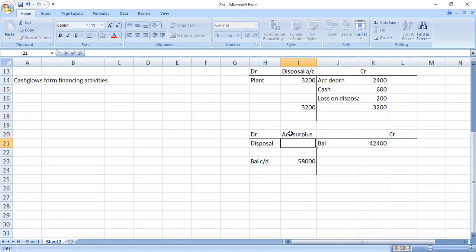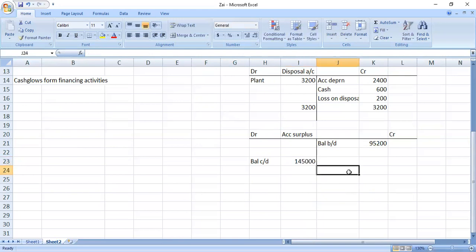Okay, first the opening balances. Let's move this because they don't belong here. The opening balance for surplus is 95,200, as you can see from the balance sheet. Then the closing balance is 145,000.